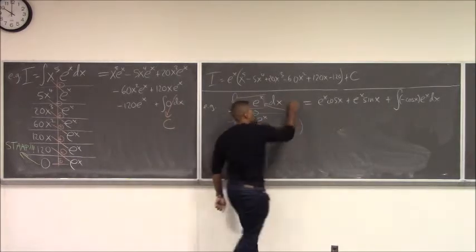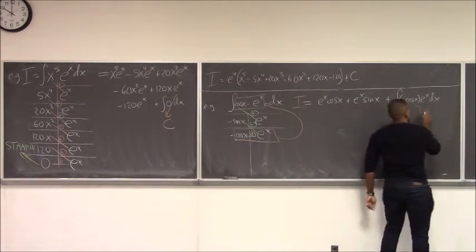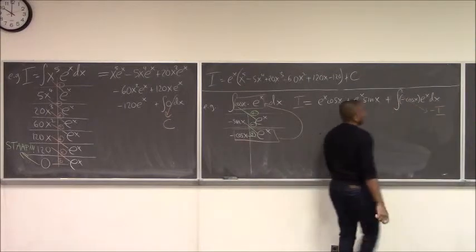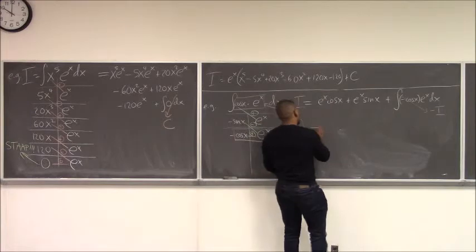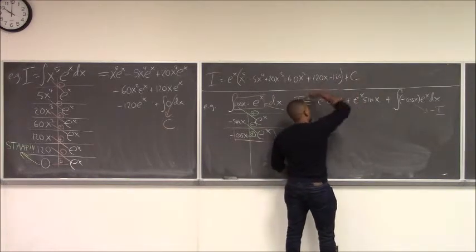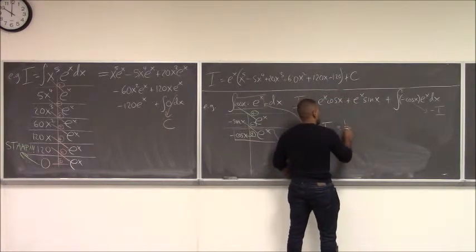Which again, at this point, you realize that that is the original, and you just do algebra, move to the other side. So add I to both sides, you get 2I, then you divide by 2.